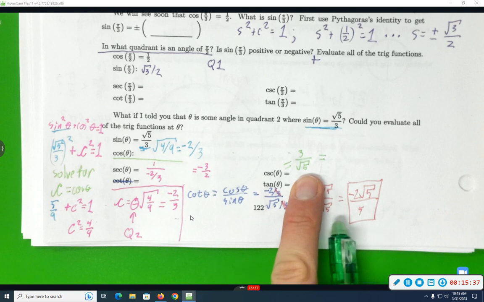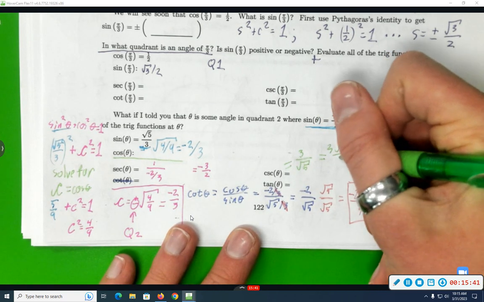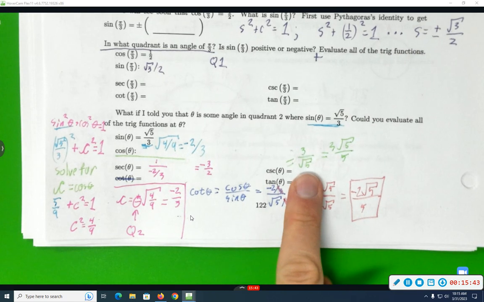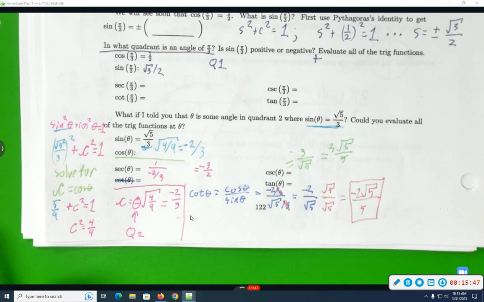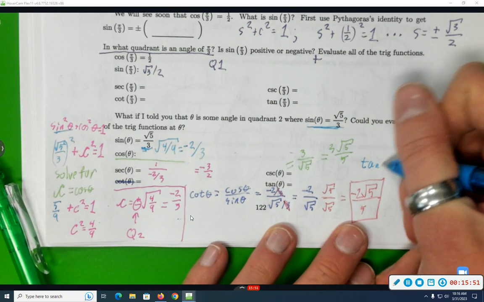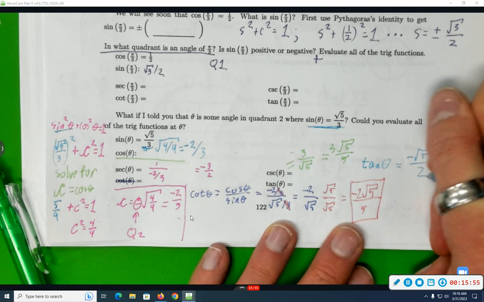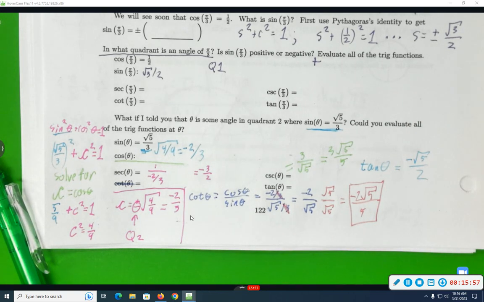This isn't fully simplified. You should get that square root out of the denominator. 3 root 5 over 5. And that's the obvious answer. It should be the reciprocal of sine. What about tangent? What is the tangent of theta equal to? Folks feel pretty good? Cool.